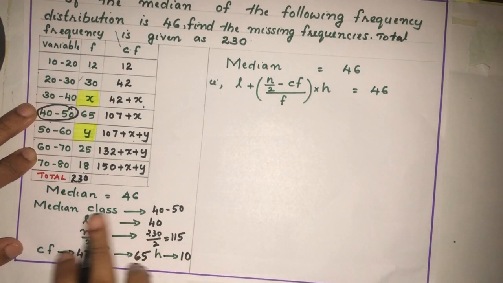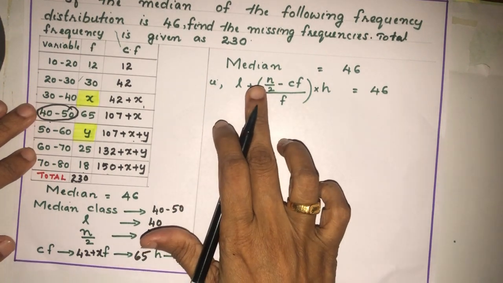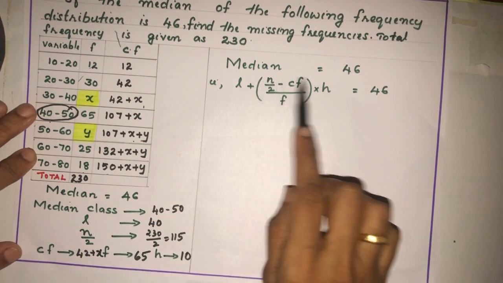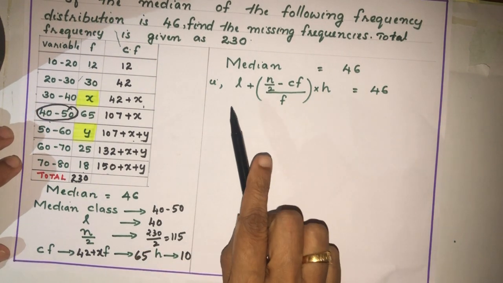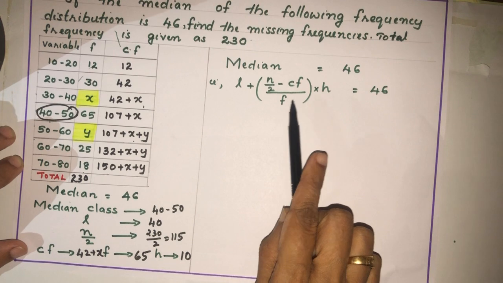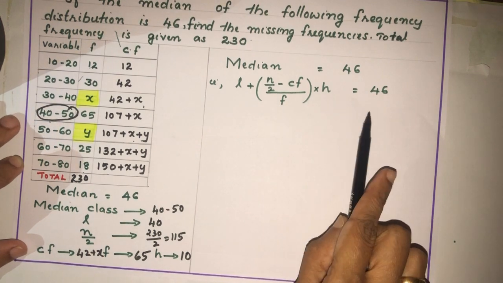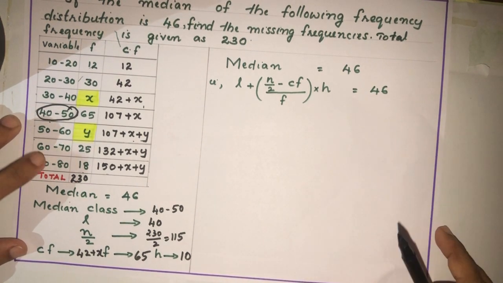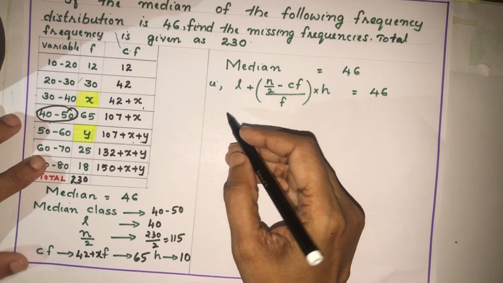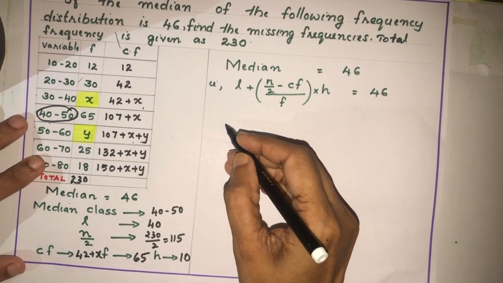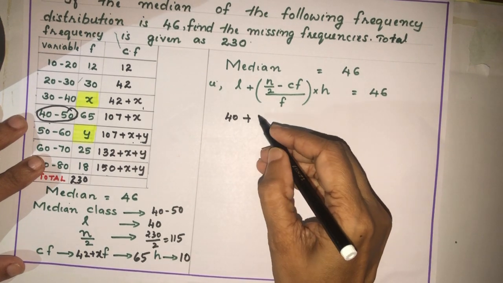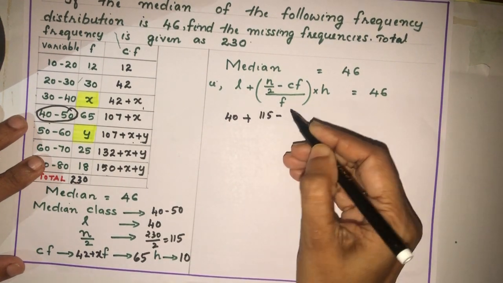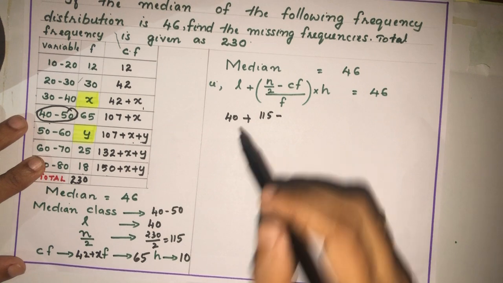Now only simplification is left. We have to apply all these values in the formula of median. Median is given as 46. Then formula for median is L plus n by 2 minus CF by F into H, that is given as 46. Now we are substituting the values. L is 40 plus n by 2, 115 minus, what is our CF?